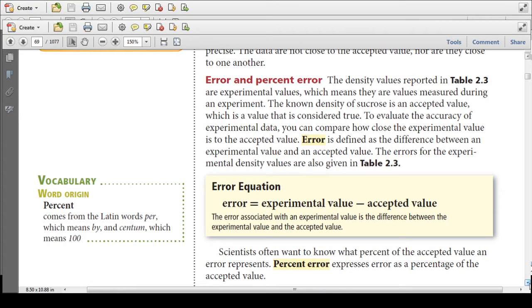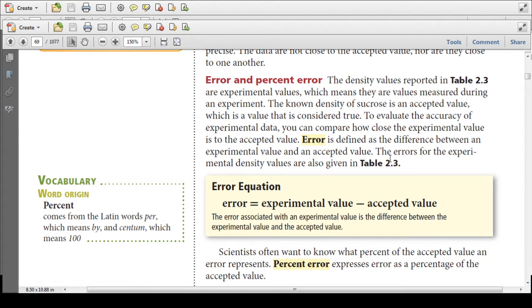The density values reported in that table are experimental values, which means that they are values measured during an experiment. The known density of sucrose is an accepted value, which is a value that is considered to be true. To evaluate the accuracy of experimental data, you can compare how close the experimental value is to the accepted value. Error is defined as the difference between an experimental value and an accepted value.